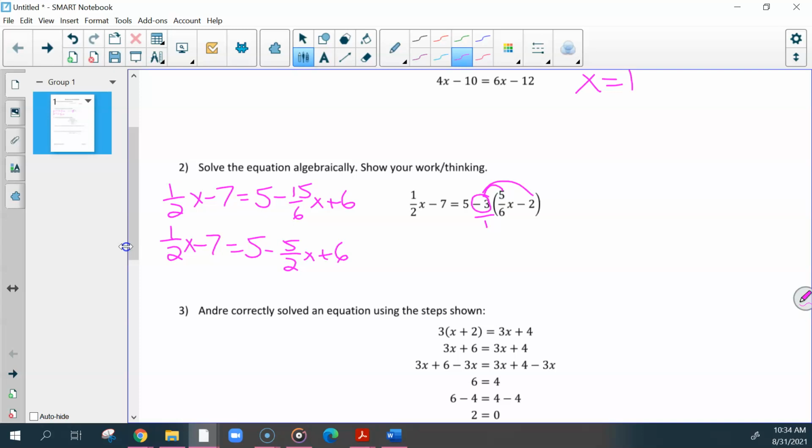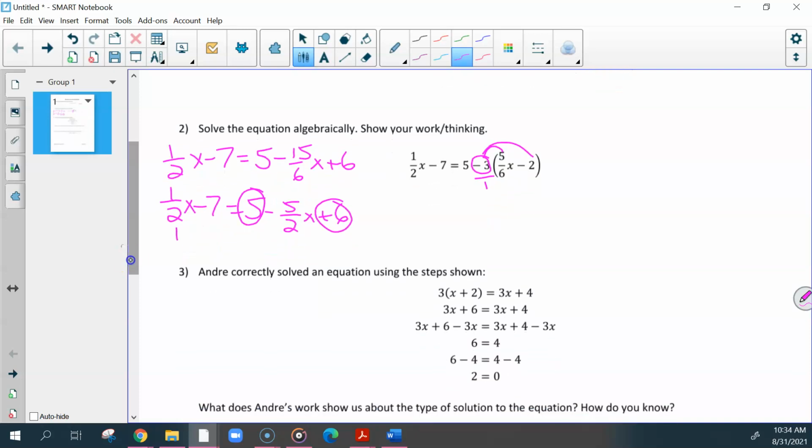We have like terms on the right side we can combine, that 5 and that 6. And then even though it has these fractions, the problem is still the same. We're still trying to get our variables to one side, the constants to the other.